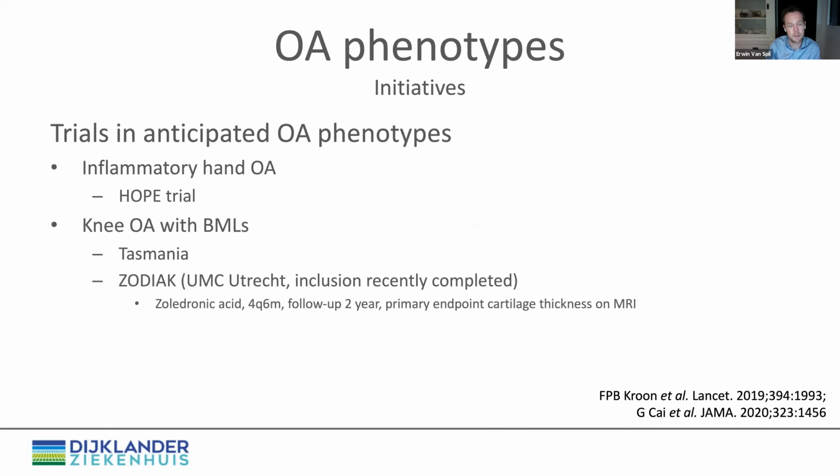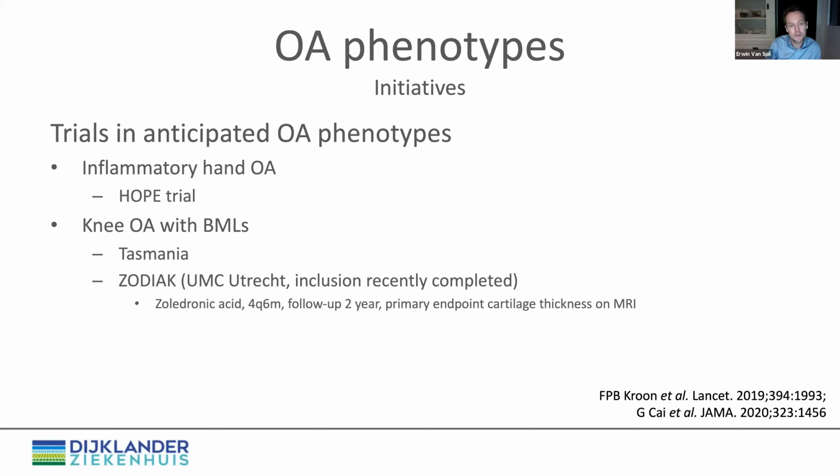And one of them I'm involved in myself is the Zodiac Trial in the UMC in Utrecht in the Netherlands, giving patients with knee OA and BMLs zoledronic acid, this time 4 times every 6 months, with the primary endpoint of cartilage thickness in the knee on MRI.